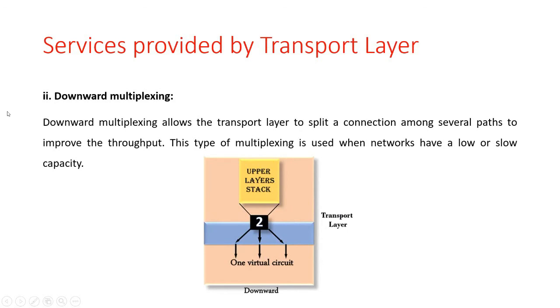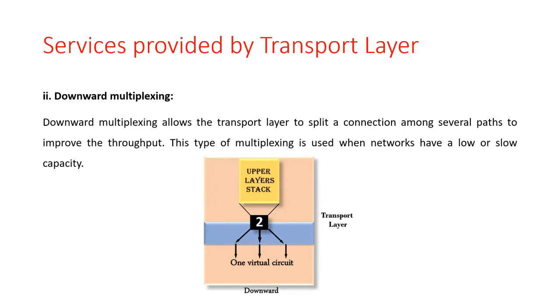Downward multiplexing allows the transport layer to split a connection among several paths to improve throughput. This type of multiplexing is used when the network has a low or slow capacity.